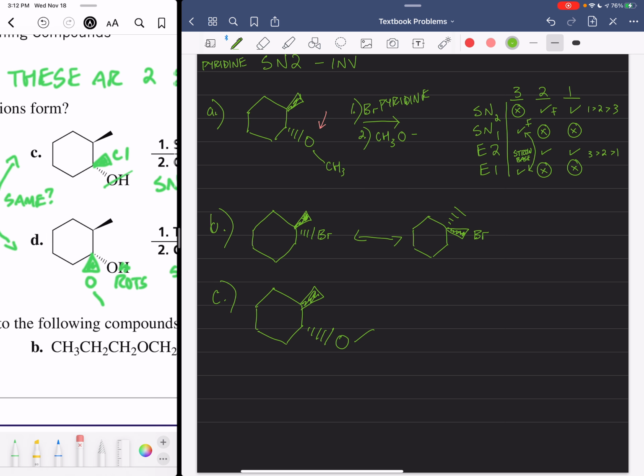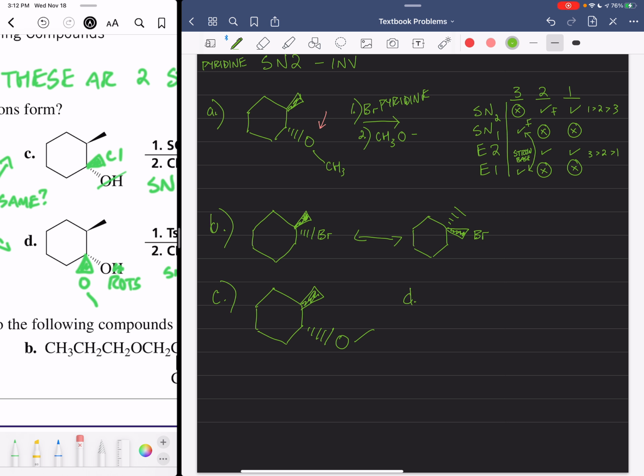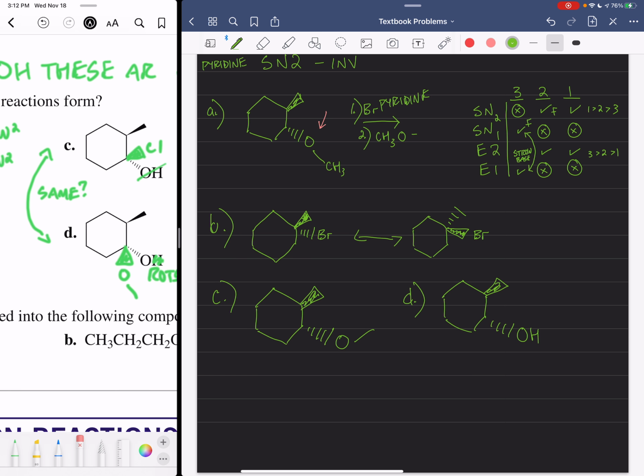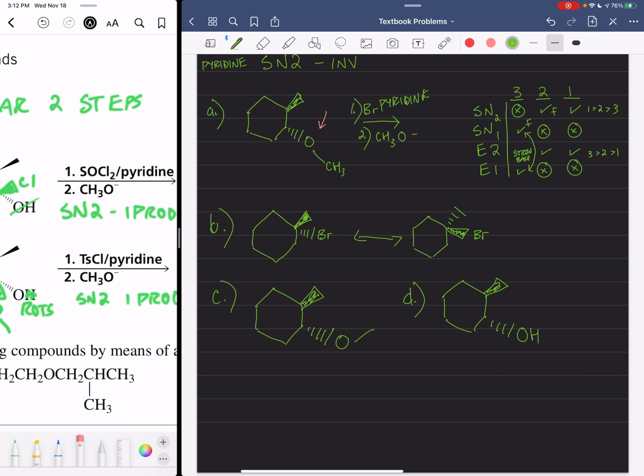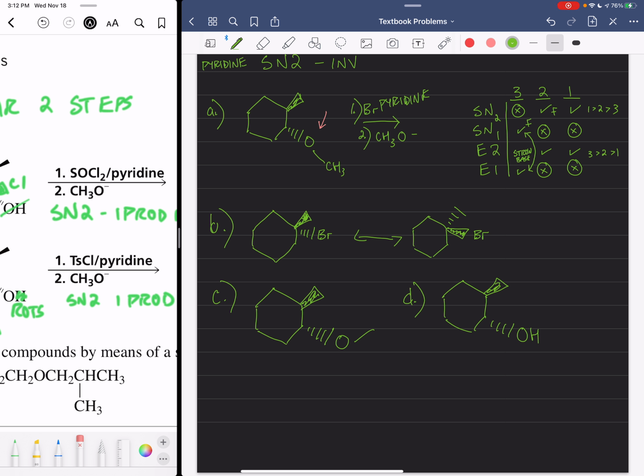All right, final boss here is D. Methyl and an OH. So it's the same starting product as the first one. But this time we're adding TsCl. So what is TsCl?